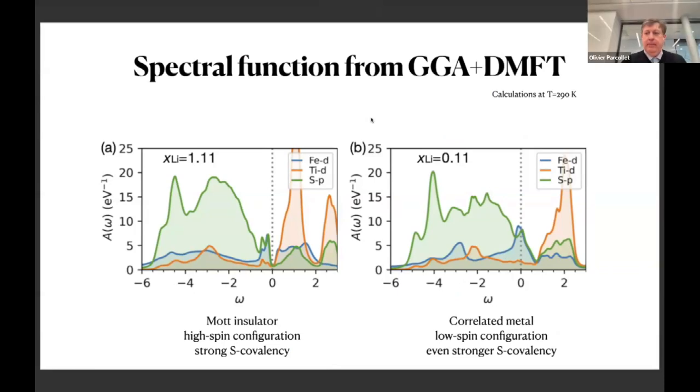When you did calculations for two compositions, in these compositions the unit cell was well defined, or did you have to do fractional occupancies? Now, in this composition, the unit cell is luckily well defined, and that's why we did these two.